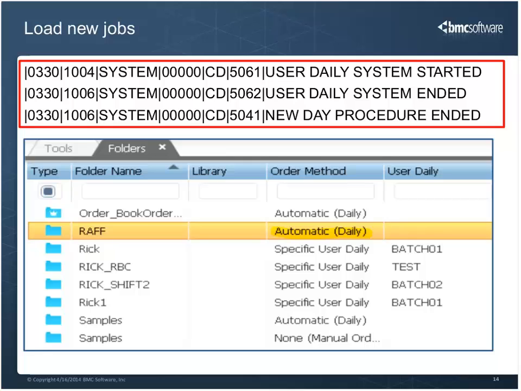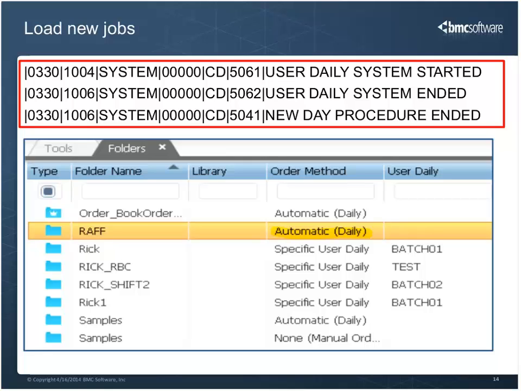New day would finish, and then, after new day has resumed processing, you could run a specific user daily command, which we'll look at later, called the CTM UDLY command. This command can be used to order in other folders or other jobs after new day so that the new day processing was minimized.